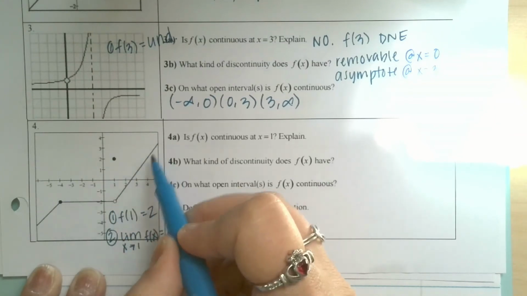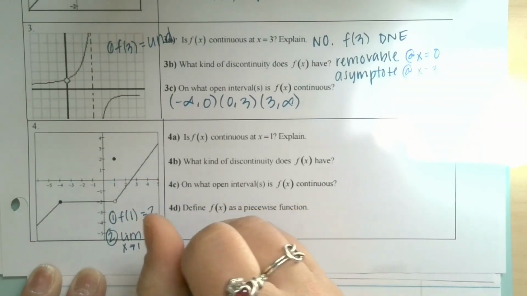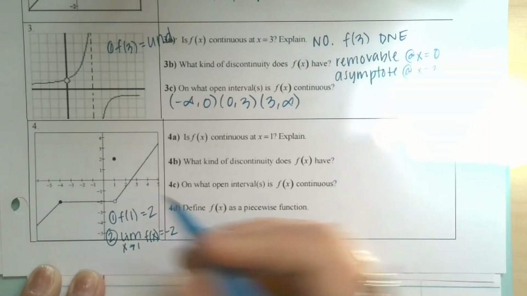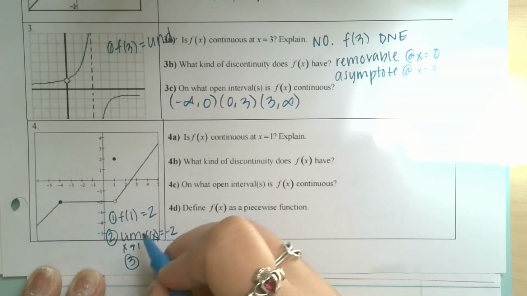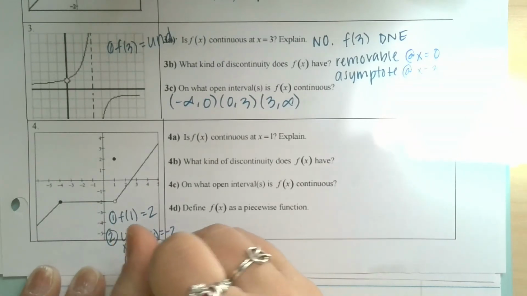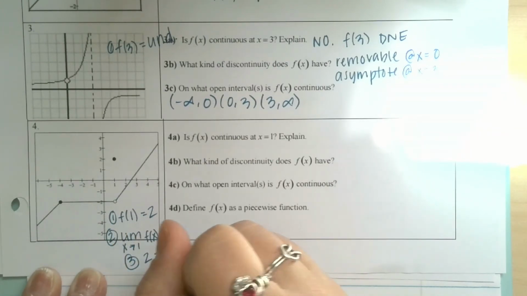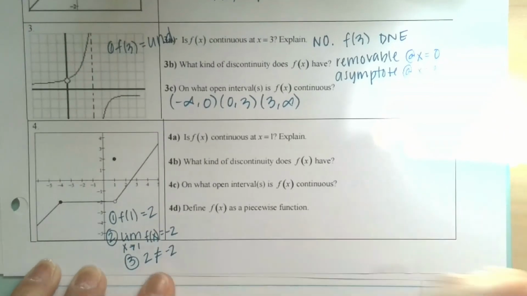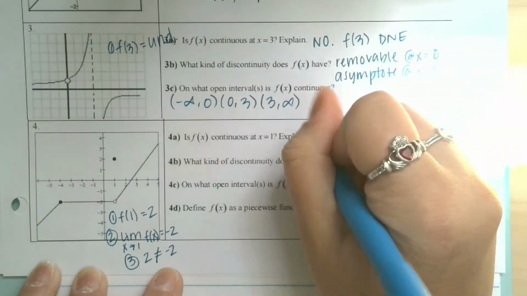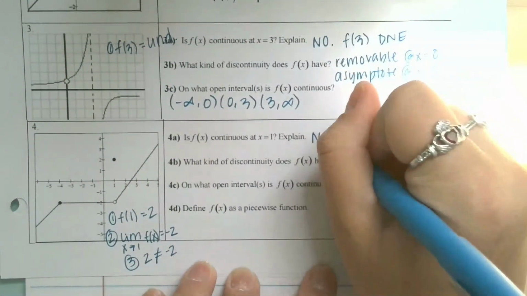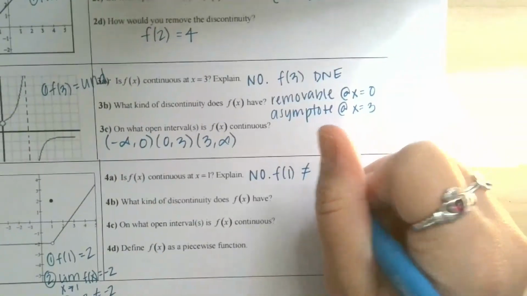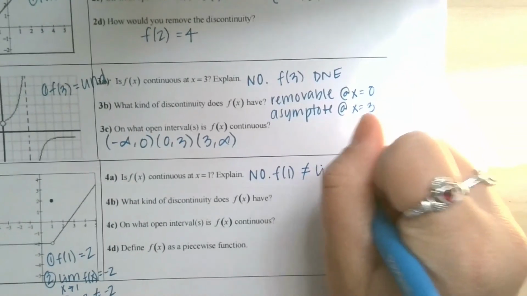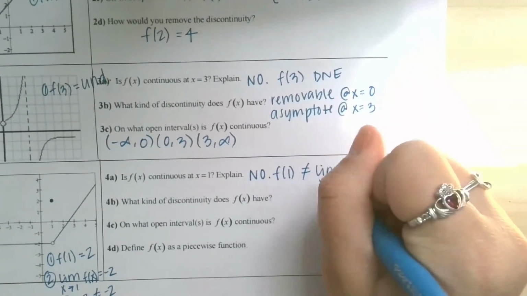Our limit from the right also equals negative 2. So the limit exists. Our third step, we need our function value to equal our limit. 2 does not equal negative 2, so that's why it's discontinuous. So no, f of 1 does not equal the limit of f of x as x approaches 1.